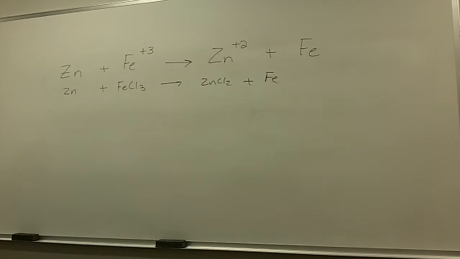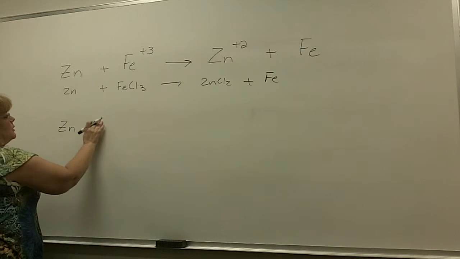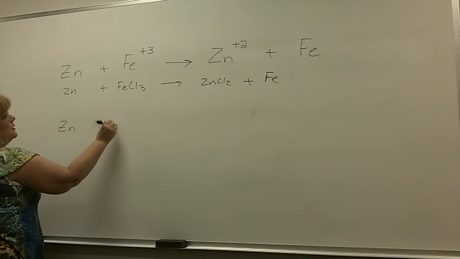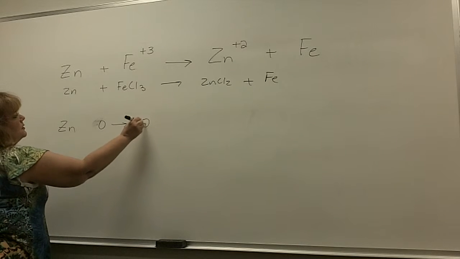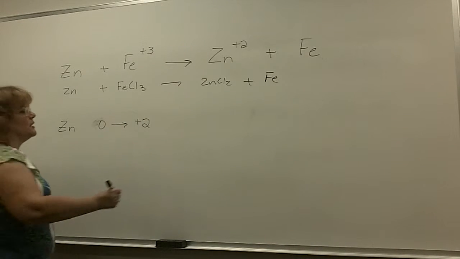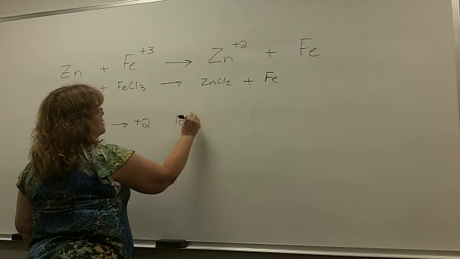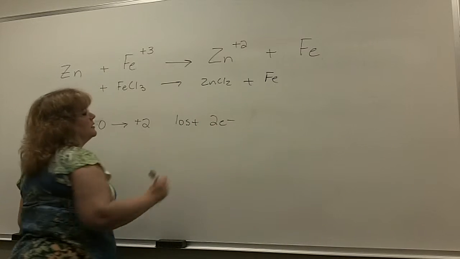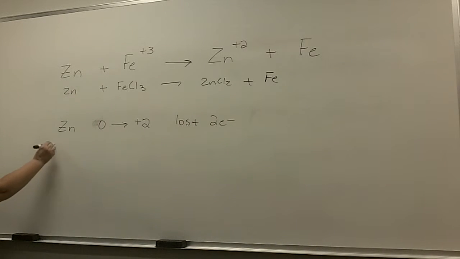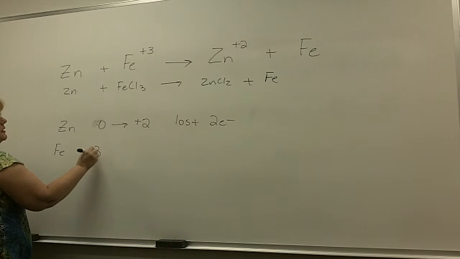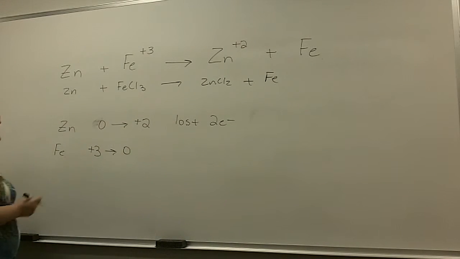Okay. So what's happened with the zinc? Zinc, we've gone from 0 to +2. So it's lost electrons, lost 2. The iron, it's gone from +3 to 0.